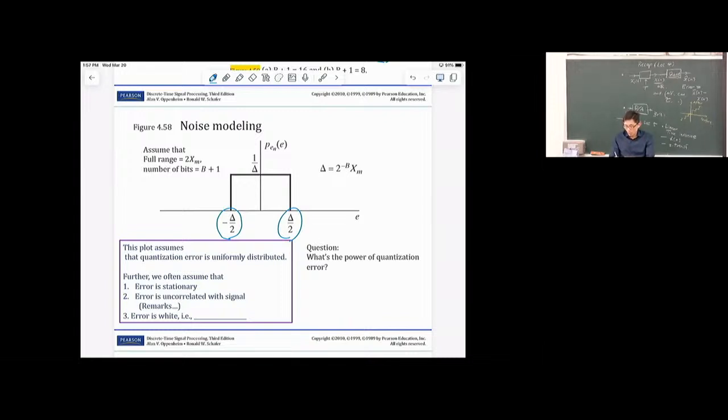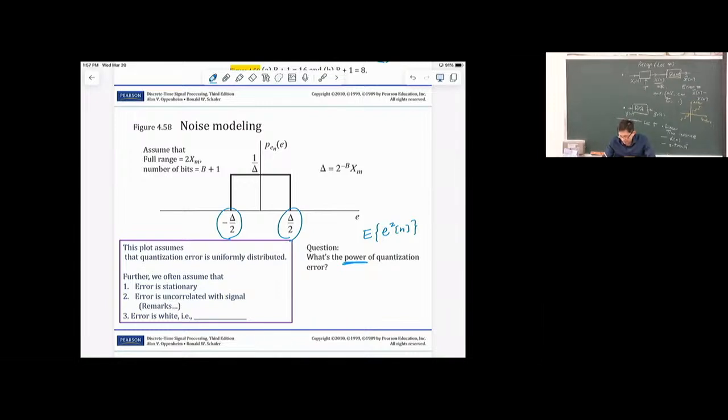So now we can ask this question: what's the power? Meaning, we're really saying, what's the expected value of the square of the quantization error?